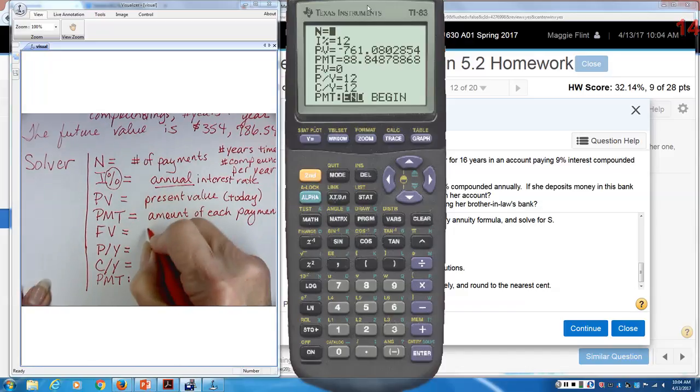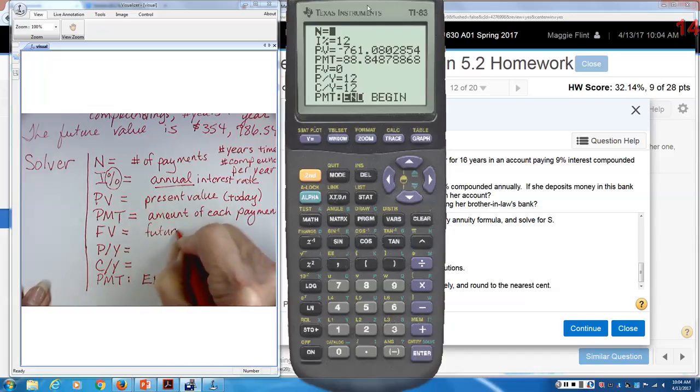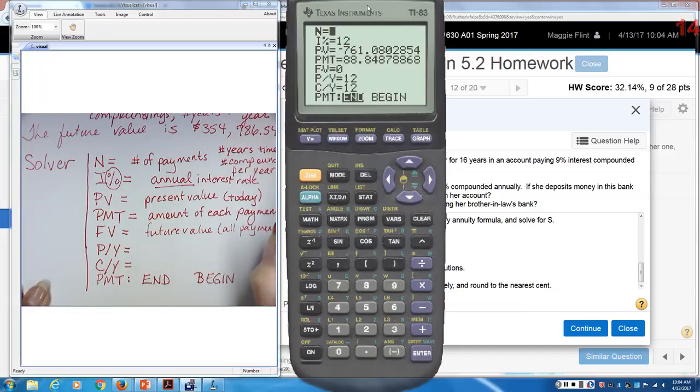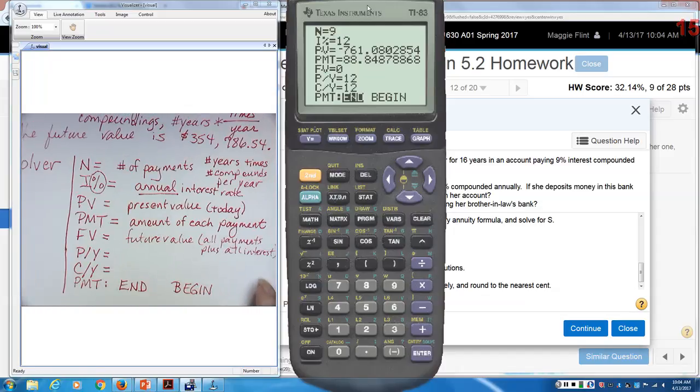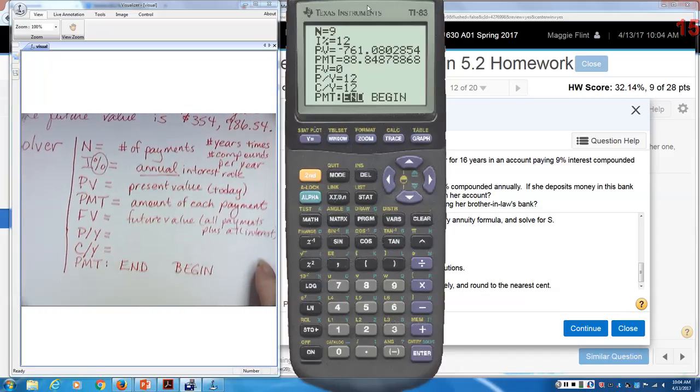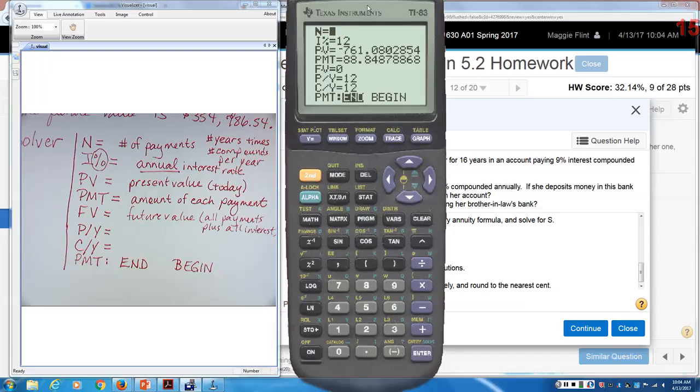Future value is the amount you're going to have in the future. All payments plus all the interest. It's all the money you're going to have at the end. Okay? When you're done.